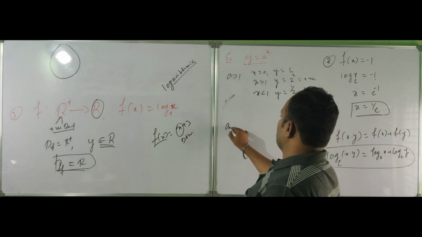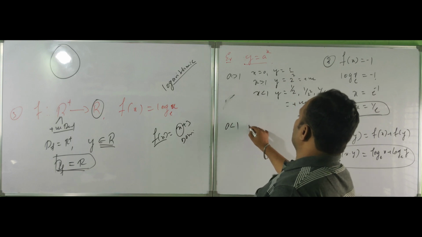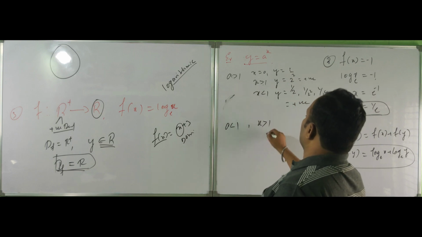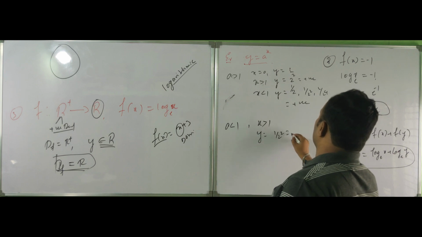For a less than 1 and x greater than 1, y becomes 1 by 2 to the power 4, again positive.